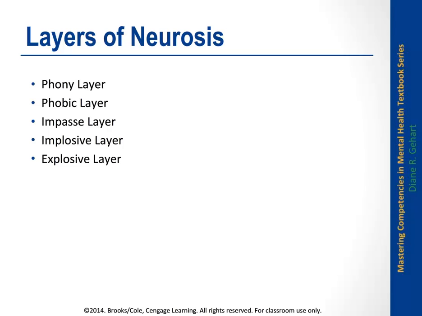But this is also the taking down of the older layers. And then there's what he calls the explosive layer, which is used not necessarily in the sense of a bomb explosion, but more or less the person is coming out. Their authentic sense of self is exploding outward, becoming more fully vibrant and expressed. And so these are the basic layers of neuroses, as he calls it.